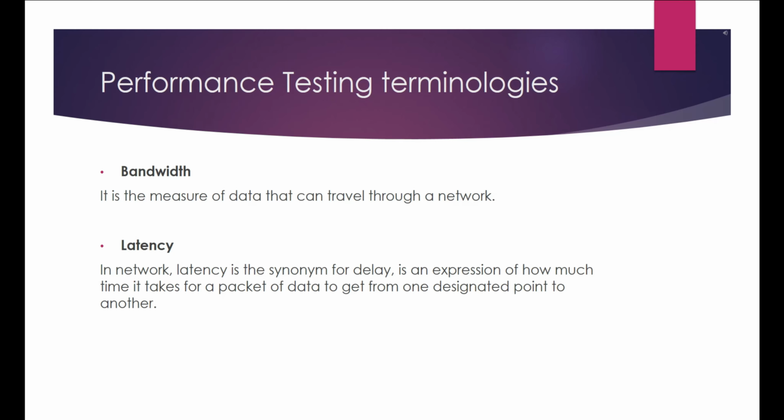In network, latency is the synonym for delay and is an expression of how much time it takes for a packet of data to get from one destination point to another. In some cases, latency is measured by sending a packet that is returned to the sender and the round-trip time is considered as latency.